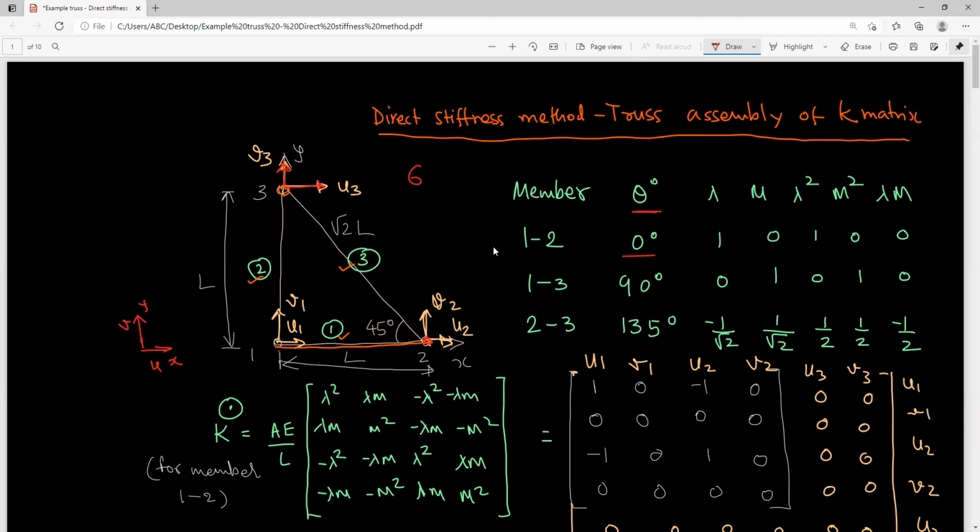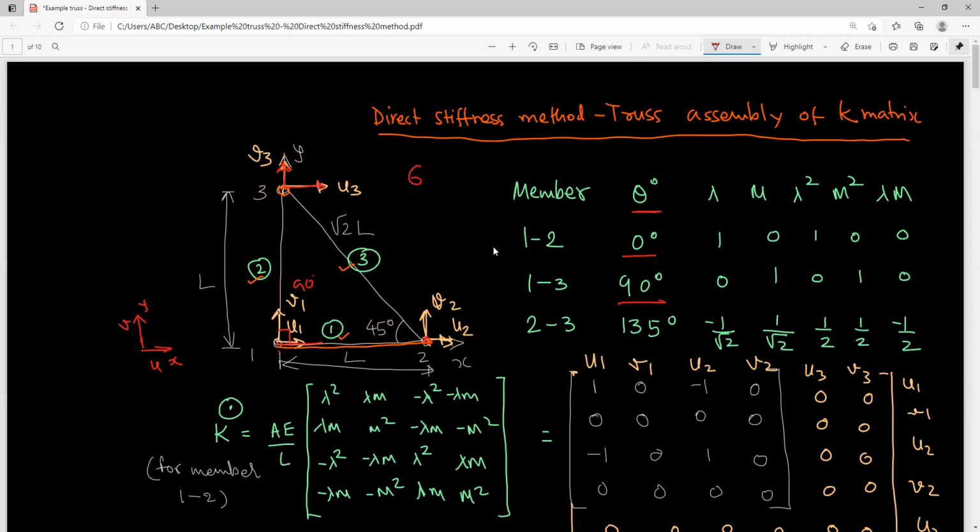So we have written theta is 0. Now for member 1-3, you can see it's a vertical member. If you measure the counterclockwise angle from the x-axis, it is 90 degrees.